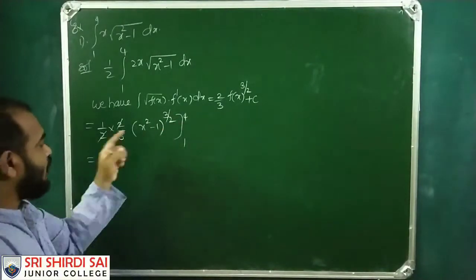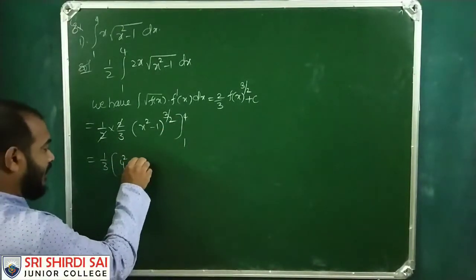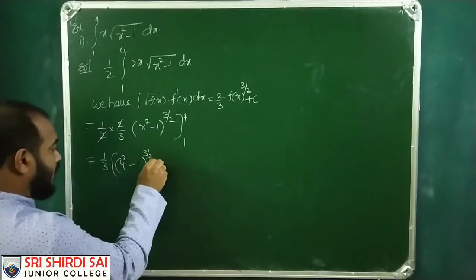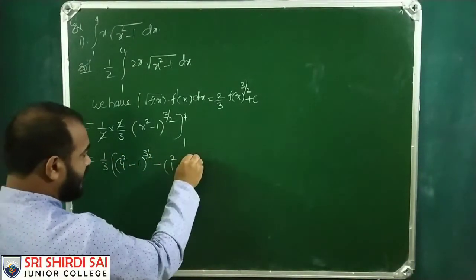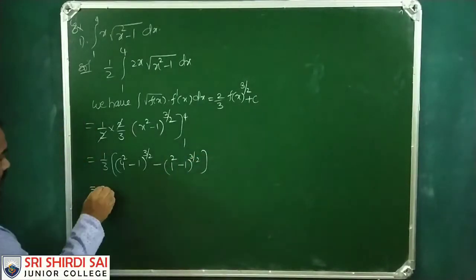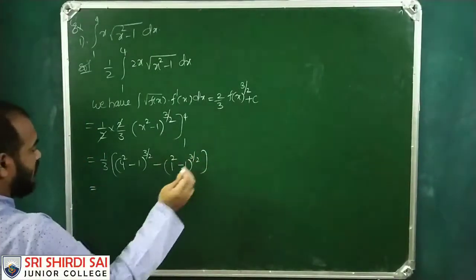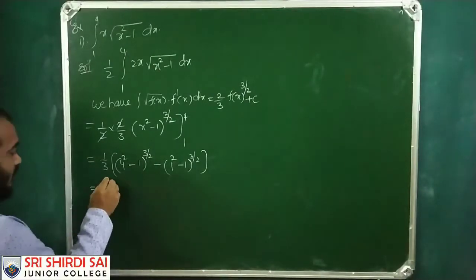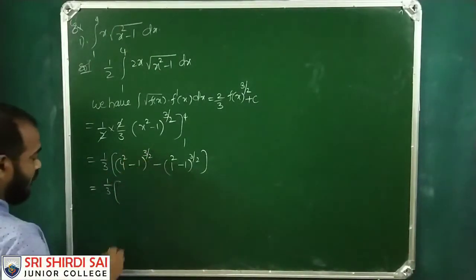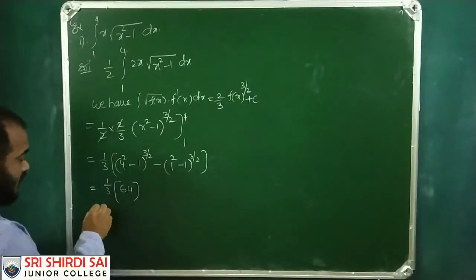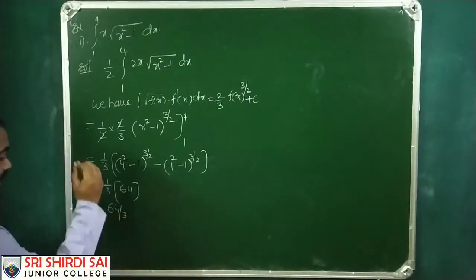Substitute the upper limit: 4 square minus 1 whole power 3 by 2 minus 1 square minus 1 whole power 3 by 2. So 1 square minus 1 is 0. 4 square, so 1 by 3, square and root will be cancelled, 4 cube, 64. So 64 by 3.